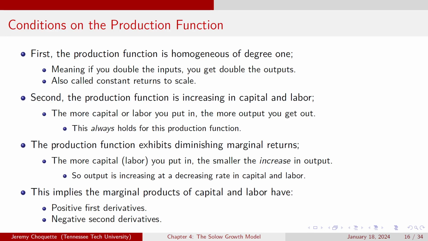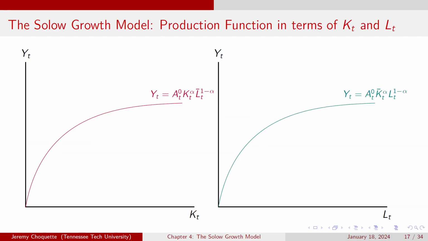Next, the production function exhibits diminishing marginal returns. So the more capital you put in or the more labor you put in, the smaller the increase in output you're going to get. So output is increasing everywhere, but it's increasing at a decreasing rate. So this tells me that this production function will have a positive first derivative and a negative second derivative.